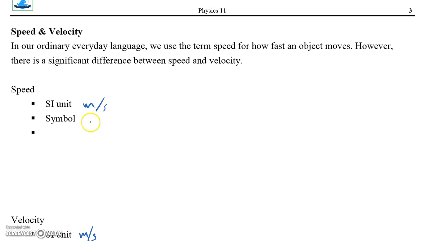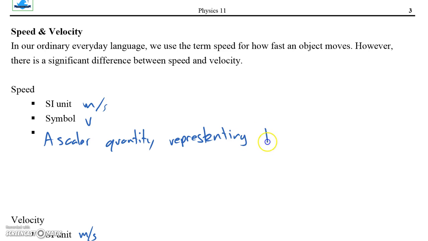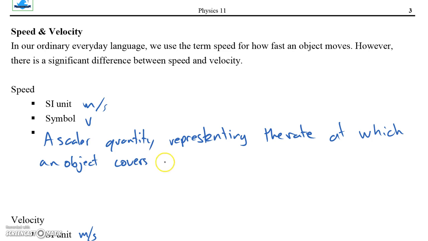Our symbol for speed is just a lowercase v, and as the definition indicates, it is a scalar quantity representing the rate at which an object covers distance.